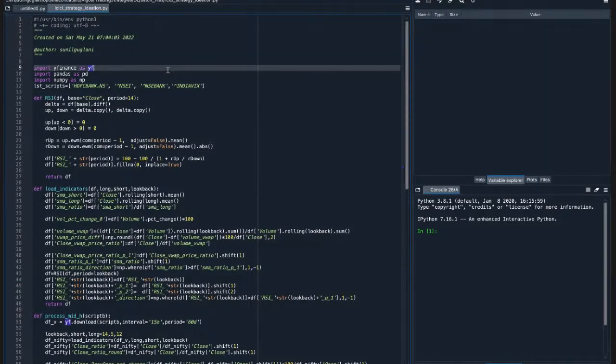Sunil, can we zoom in a bit on these lines of code? I'm not able to zoom more.